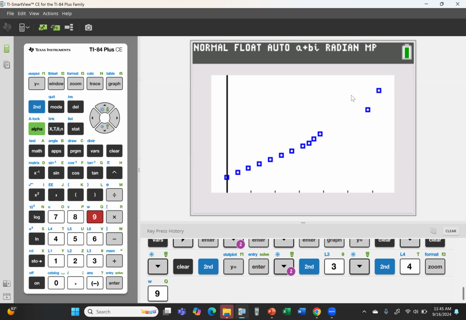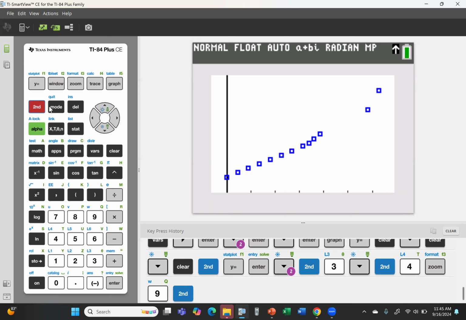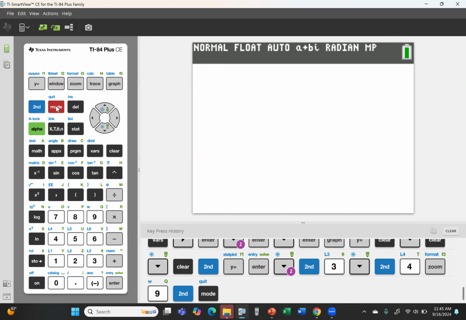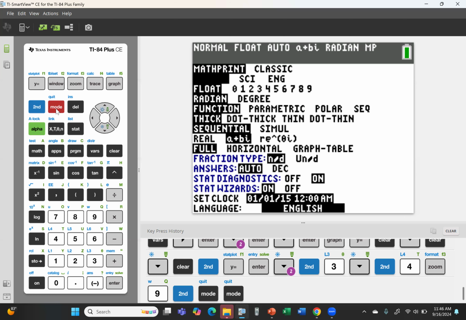All right, so now I'm going to let my calculator calculate the linear function that best fits this data. So I'm going to get out of my graph. And I'm going to do something right now to turn on that R squared and that R when I run the linear regression, so we can talk about it in a second. So I am going to go to my mode button. All sorts of fun stuff in the mode screen.